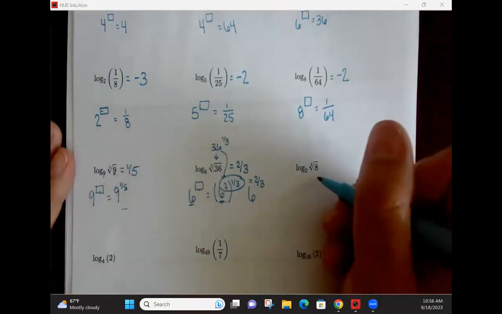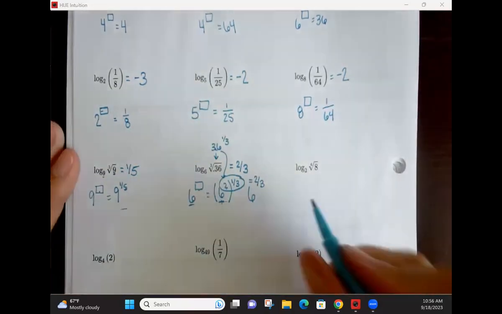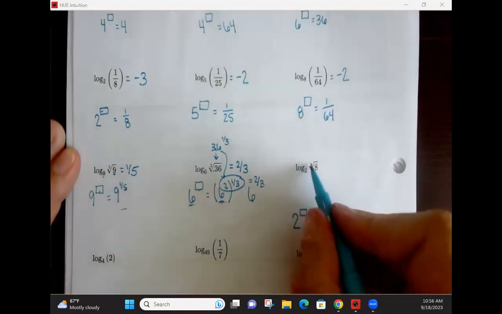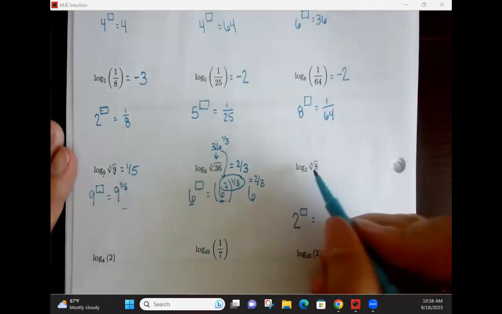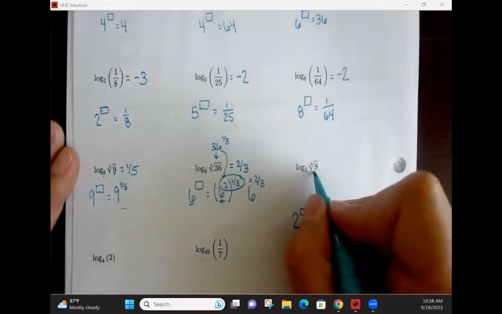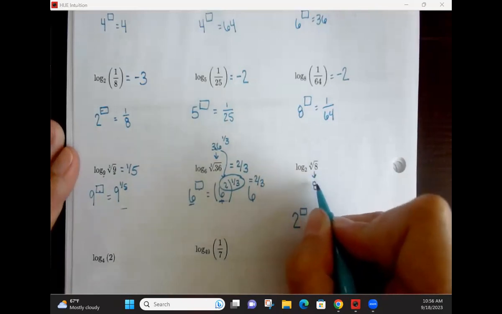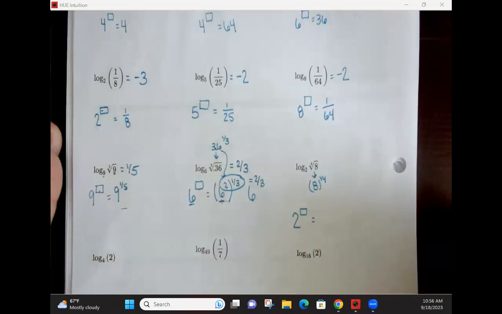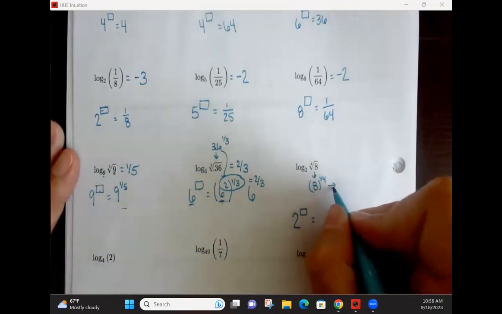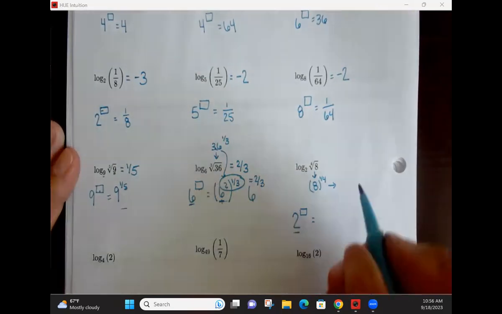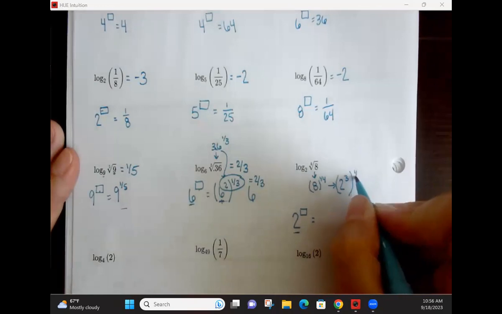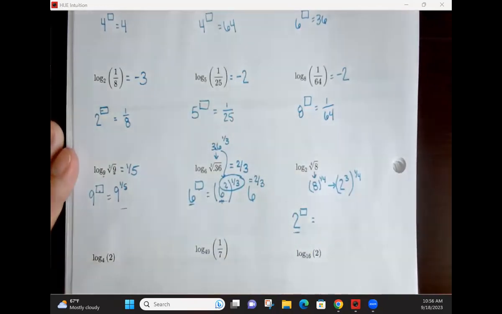We're going to look at the same type of thing for our next example. This would be 2 to what power gives me this guy. The 4th root of 8 is not a nice number, so I can't simplify that. I can write it as 8 to the 1/4 power, though. That way I'm working with exponents. And then 8, I can rewrite to have the same base. I can rewrite 8 as 2 cubed, still to that 1/4 power.